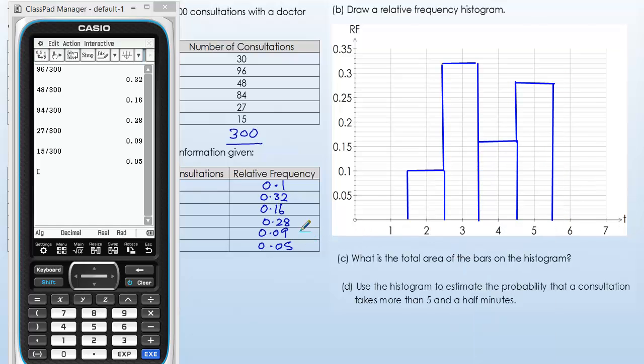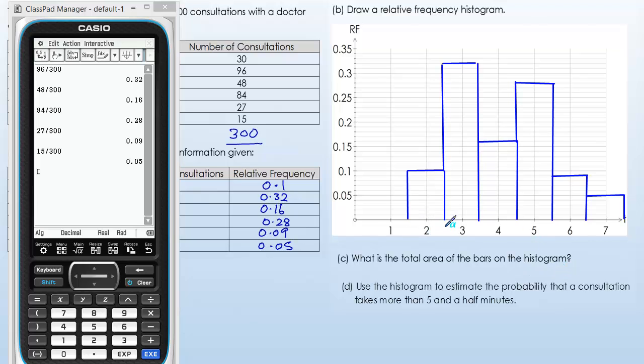And then 0.09. And then finally, just going off the side of the graph actually, 0.05. So something like that. What is the total area of the bars in the histogram?